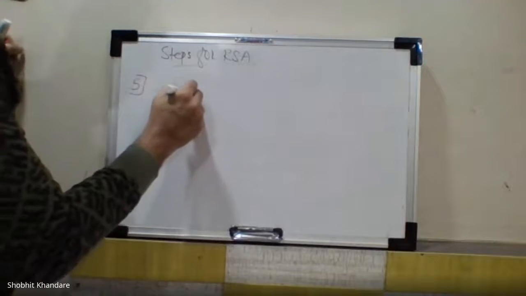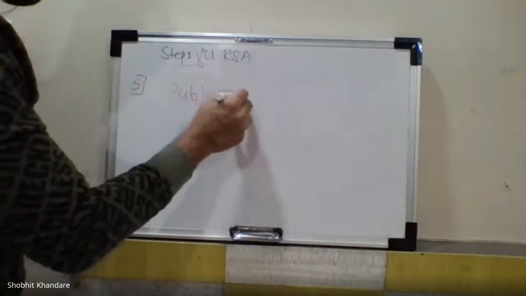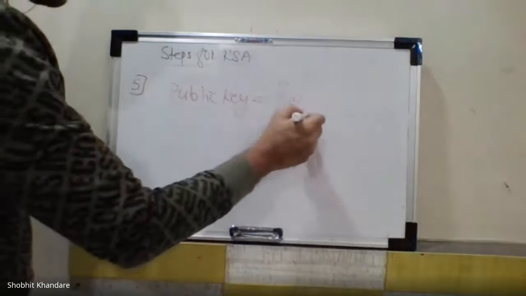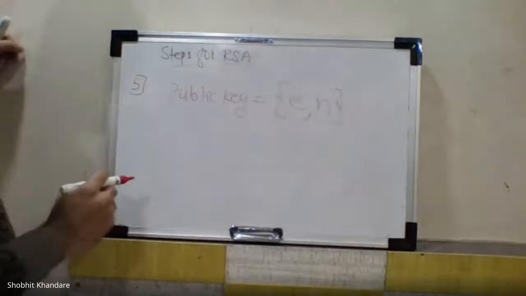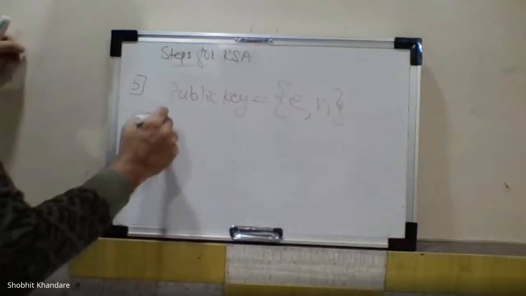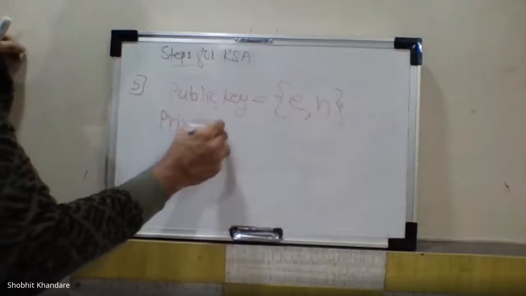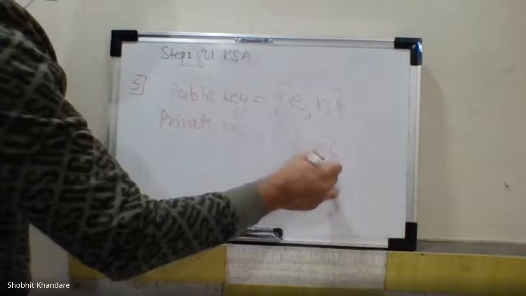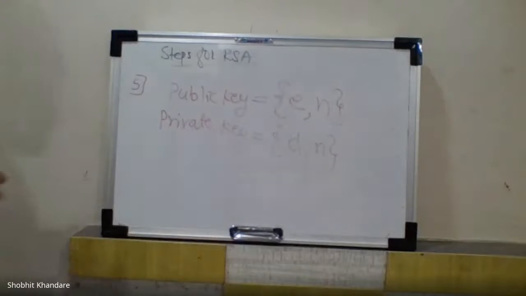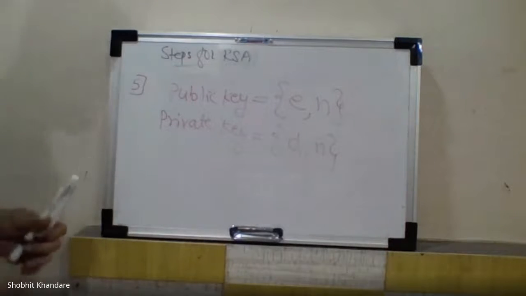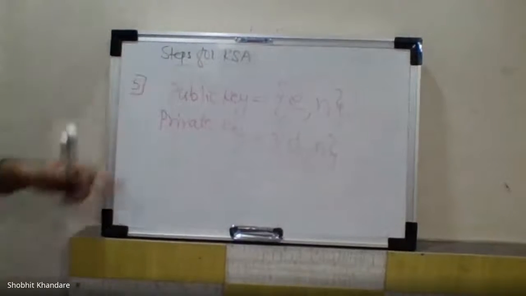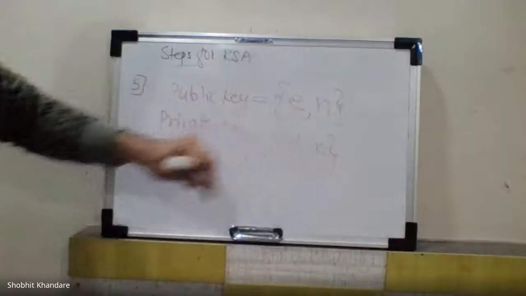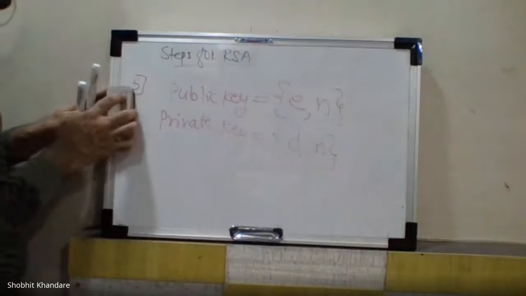The public key is written as, in curly brackets, e comma n, and the private key is given as d comma n. So this is just a representation of how you write down the public key and the private key once you get the values of e and d.